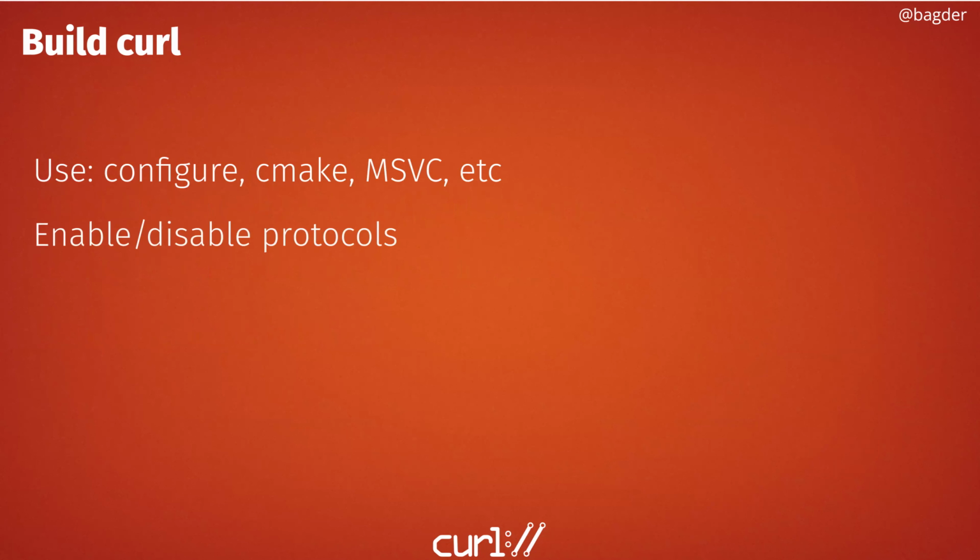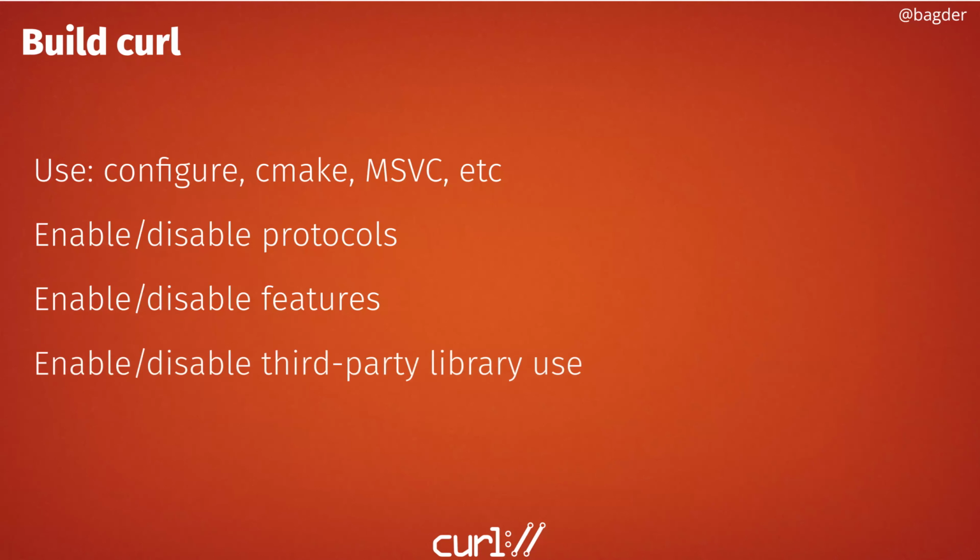And when you do that, you have the option to enable or disable support for specific protocols or features, or exactly which third-party library you want to use for different features, such as compression or TLS or SSH, etc. And using this approach with configure and CMake, it's really easy to cross-compile your build. So if you want to build for a more exotic operating system, it's fairly straightforward.